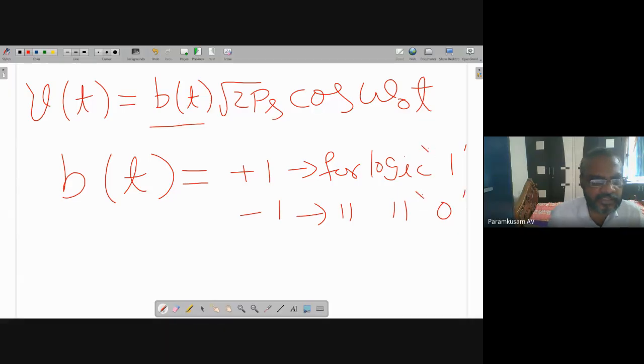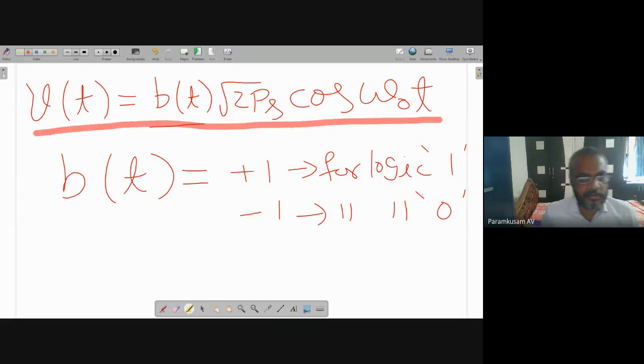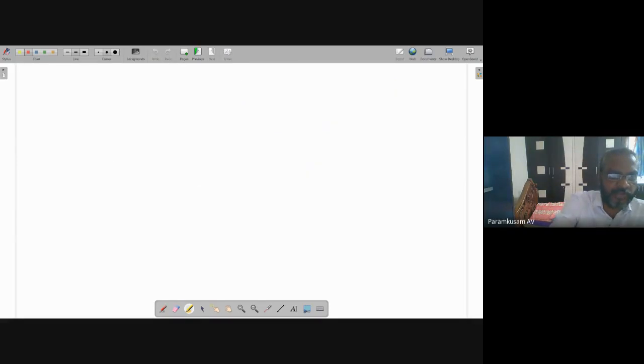Okay, this is the expression for the binary phase shift key signal. Next we see the waveforms of the binary phase shift key signal.